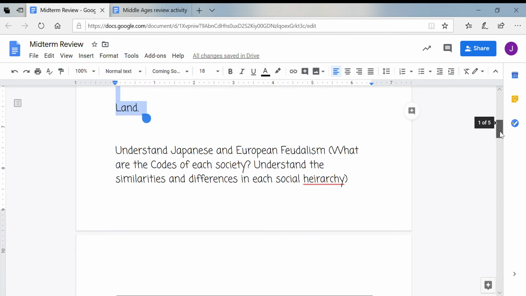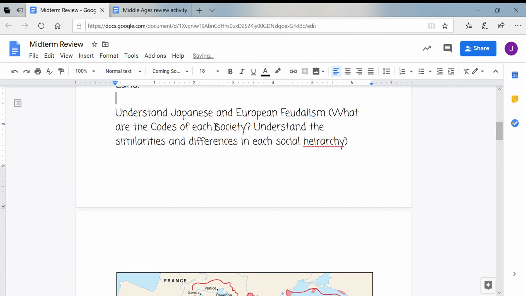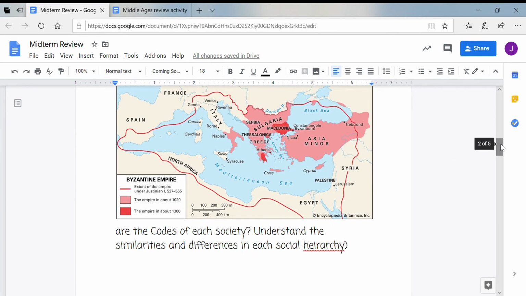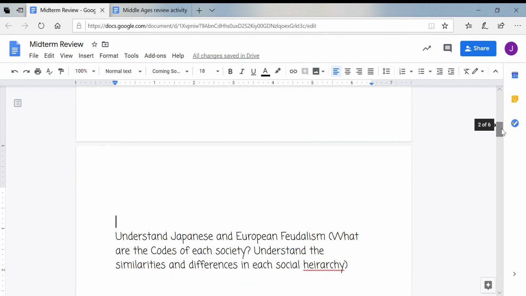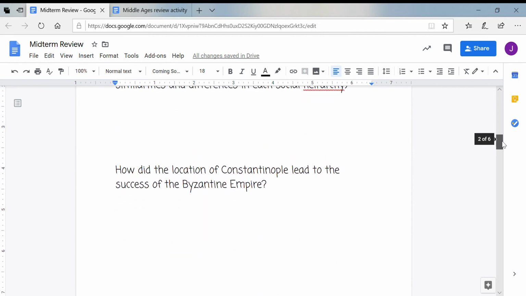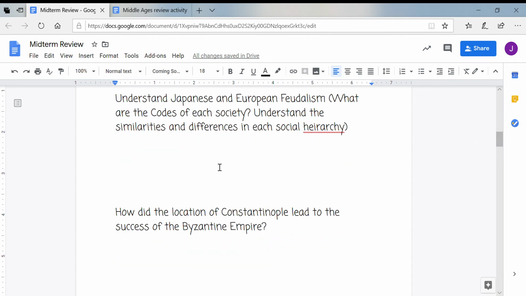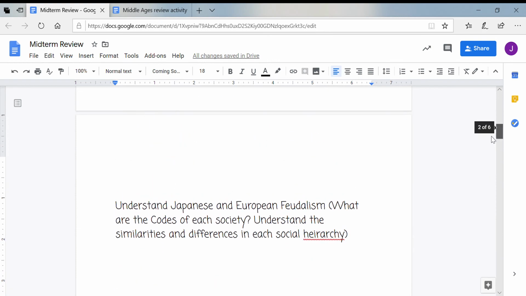Okay, now moving on. So not only was there feudalism in Western Europe, but there was also feudalism in Japan. And now these two societies were very different, but they had very similar ideas.